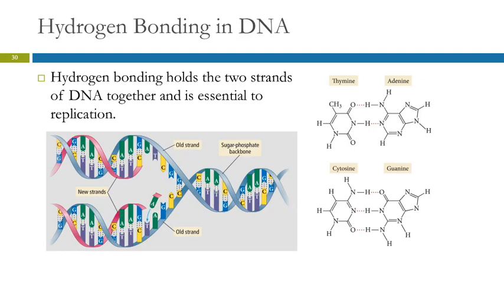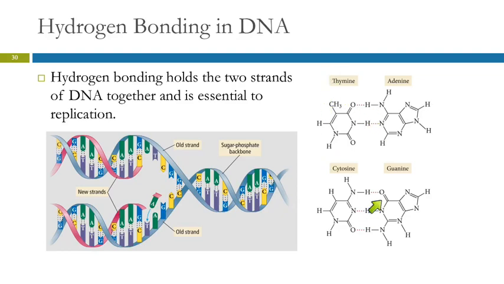When your body replicates the DNA, it unwinds the two strands and makes a new strand that matches each. The double strand is held together because adenine and thymine together can form two hydrogen bonds. Cytosine and guanine can match up and form three hydrogen bonds. So these guys fit together real nicely, and those guys fit together real nicely.